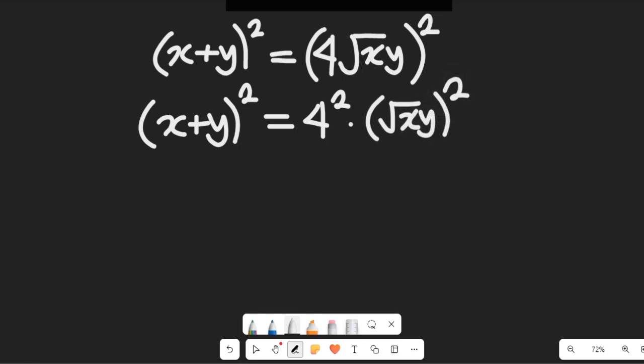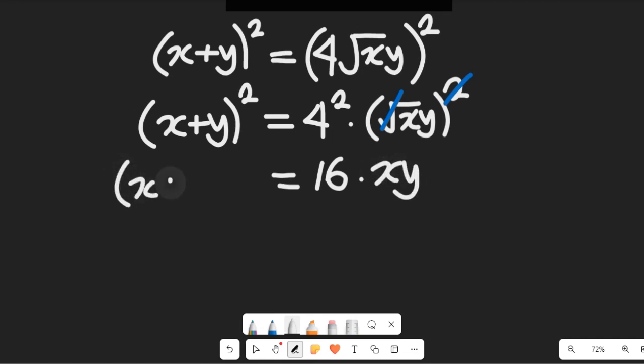The square will clear out the square root. What do we have left? 4 squared is 16, multiplying xy, and this is going to give us x plus y, all squared.